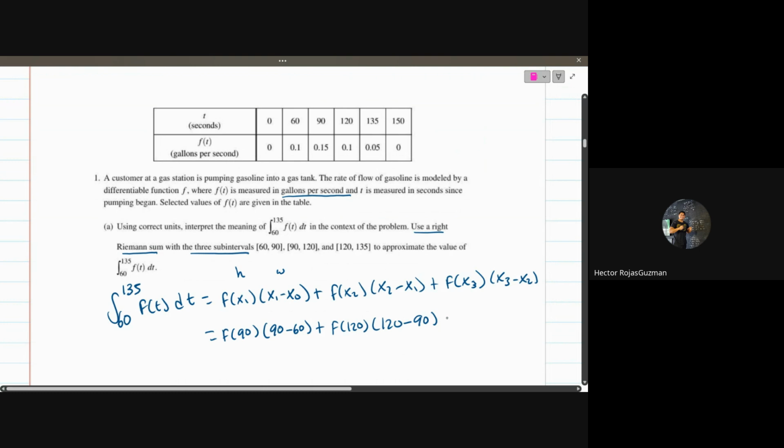So anyways, plus f of 135, and then we have 135 minus 120. f of 90 is 0.15 times 30 plus 0.1 times 30 plus 0.05 times 15.